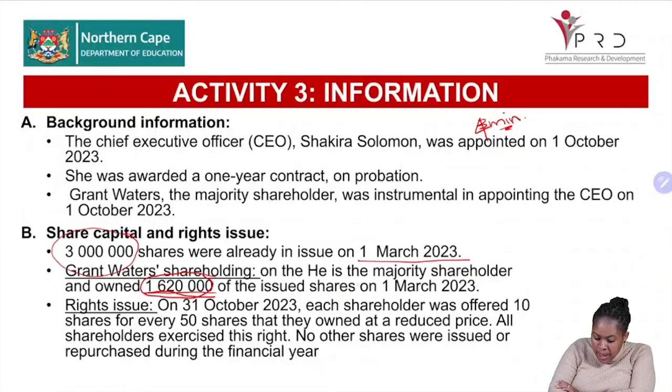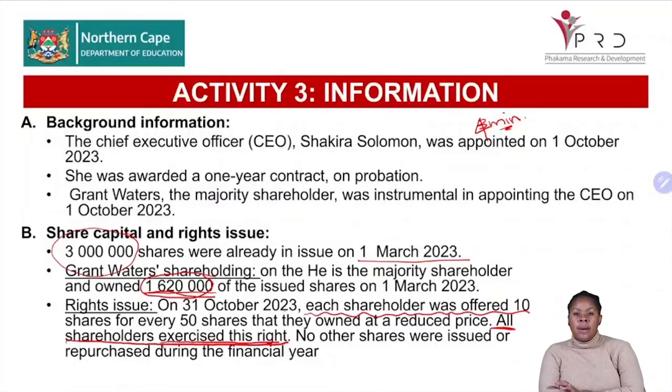Let us quickly see. There's a part that says on the 31st October 2023, each shareholder was offered rights shares, and also all the shareholders exercised this right. This is the most important aspect, because many times you miss this information because you are not reading.